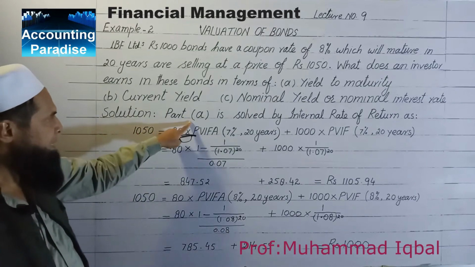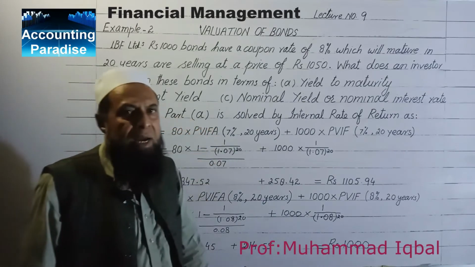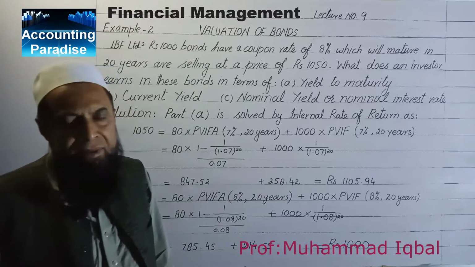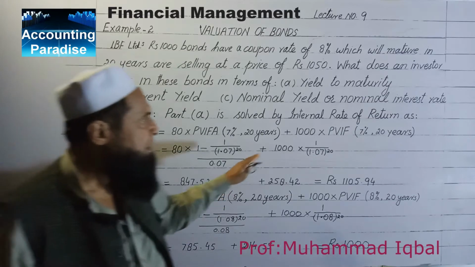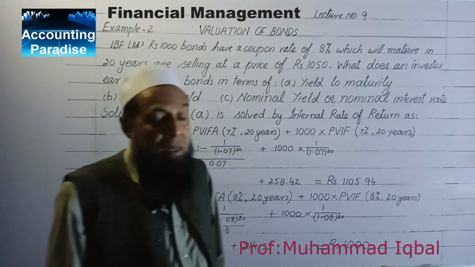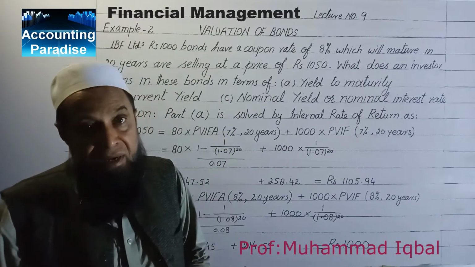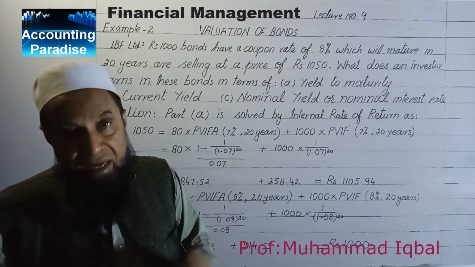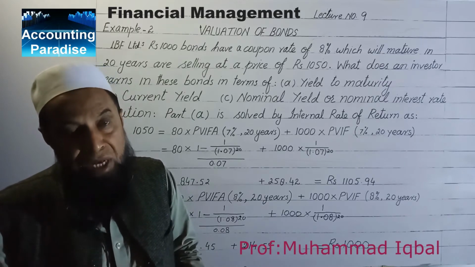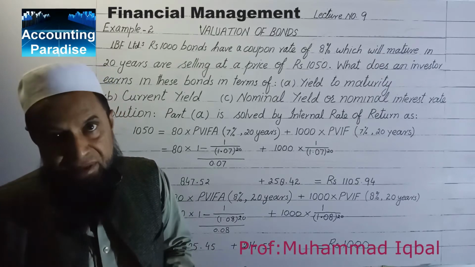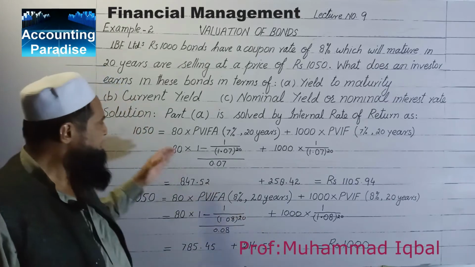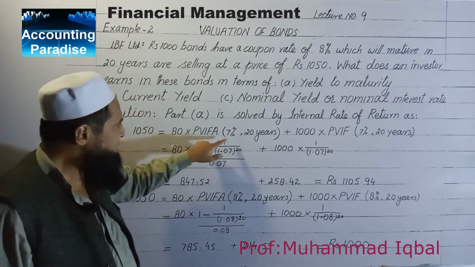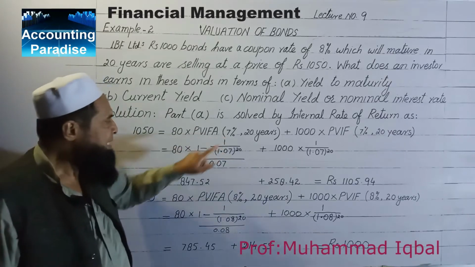Solution part A. This is solved by internal rate of return. Internal rate of return is also called IRR. It is calculated by hit and trial method. So we have tried first of all 7%.